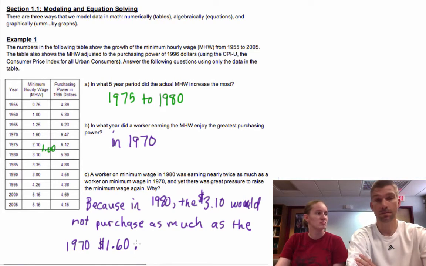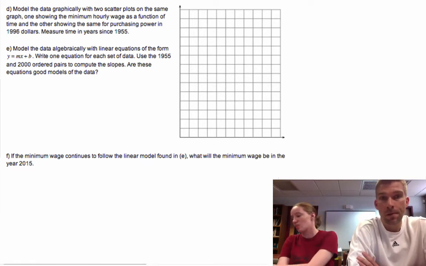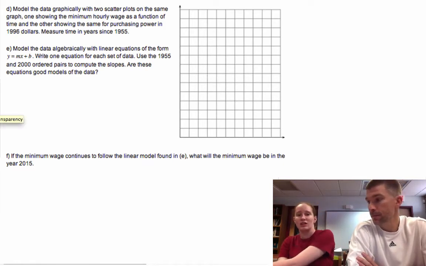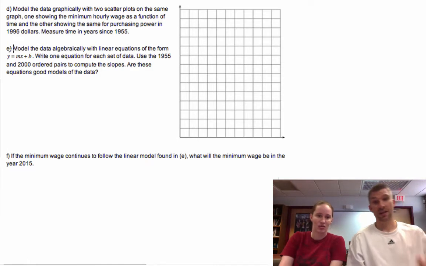All right. So now we'll have to go to the next set of subpoints here. You'll still be able to see all this because you've written it down, but we're going to go right here. We're going to model the data graphically with two scatter plots on the same graph so that you can see. I'll just type these in real quick.